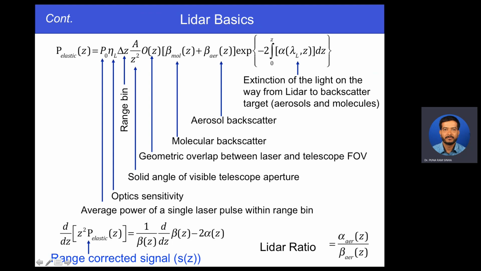And then this is the transmission term T square, so it becomes 2 times this integrand, as shown over here. I'll come back to this equation once again to explain it, but I just wanted to define 3 important variables: the range bin, then the solid angle, and overlapping corrections.